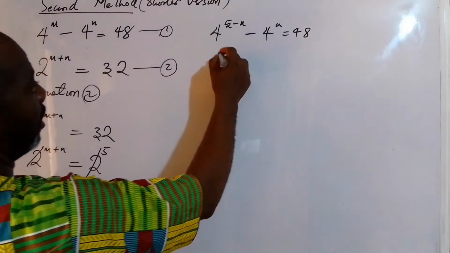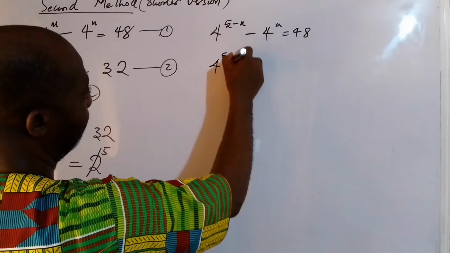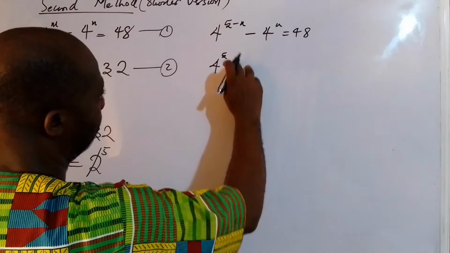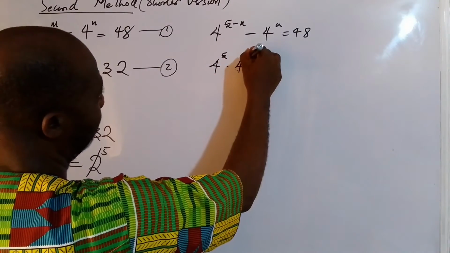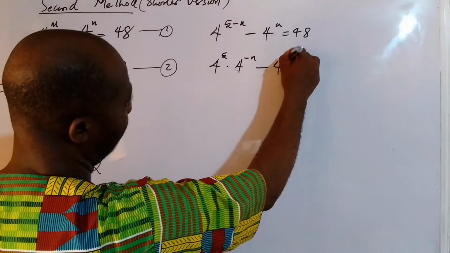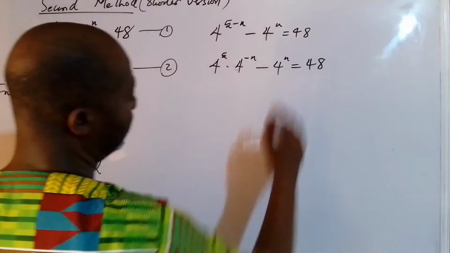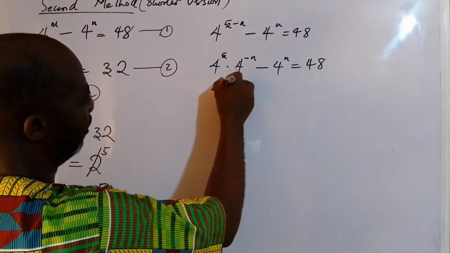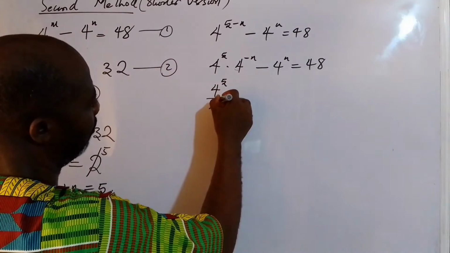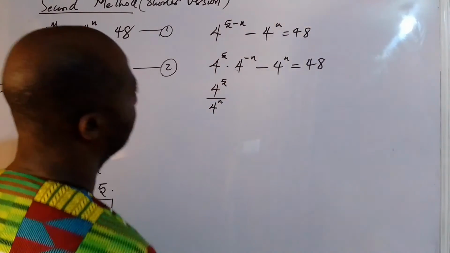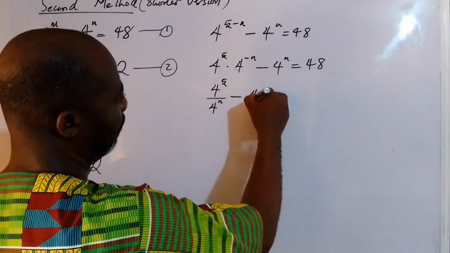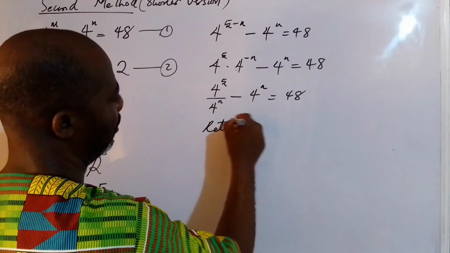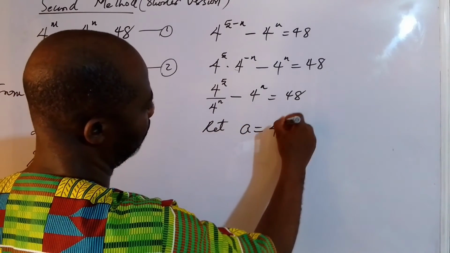So I have 4 to the power of 5 times 4 to the power of minus n, minus 4 to the power of n, equal to 48. So that I have 4 to the power of 5 all over 4 to the power of n, minus 4 to the power of n, equal to 48. Let a equal 4 to the power of n.